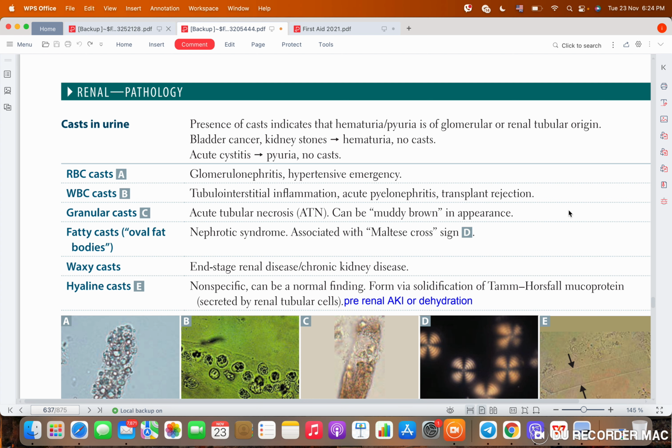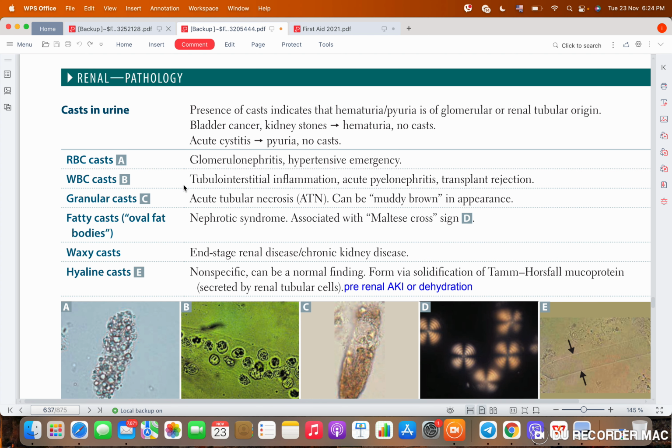A granular cast, it goes something like this. White blood cell cast, there are a lot of cells inside of the urine. Inside of the cast, basically. This is the cast here. And it can be due to tubulointerstitial inflammation, which is one of the first diagnoses I ever made in my life. I felt like Dr. House.